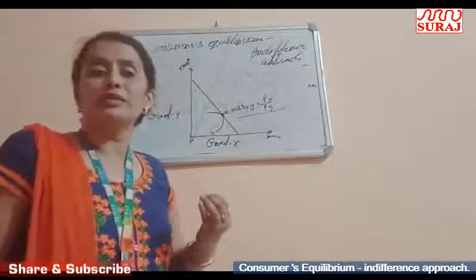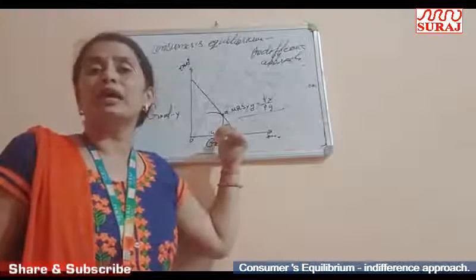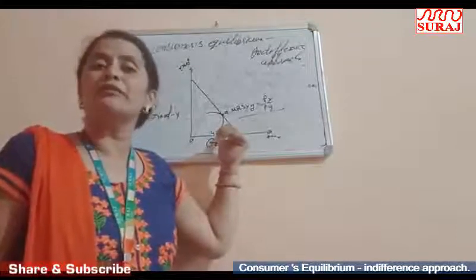Why? Because if the IC is concave to the origin, at this point the law of diminishing marginal utility fails.